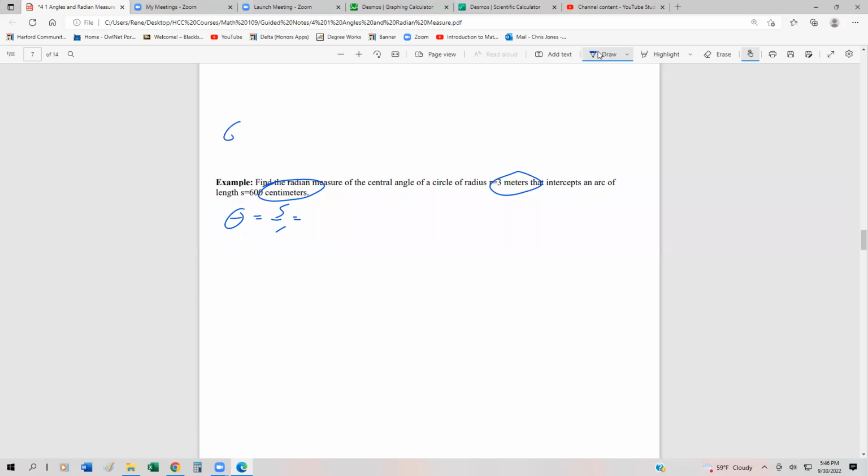So what we should do is take our 600 centimeters and convert that, because we know for every 1 meter, there's 100 centimeters. So that would be equal to 600 meters over 100, or 6 meters. That's going to be our s.